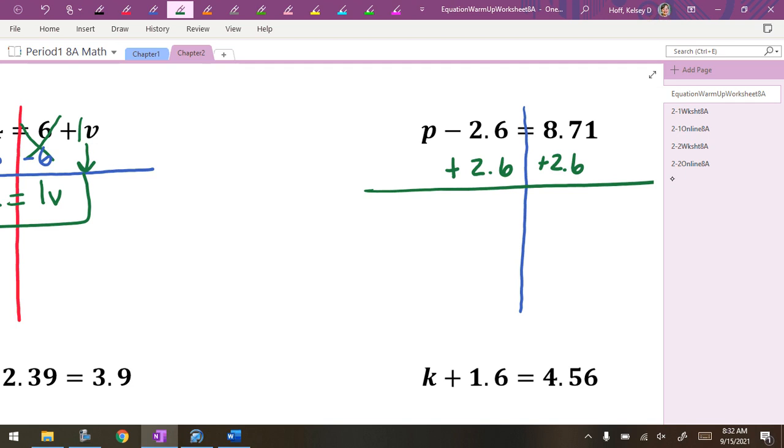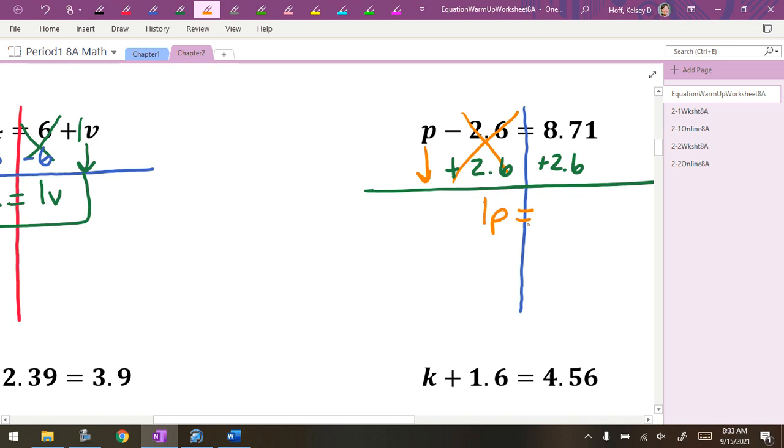Draw a big, huge equal bar all the way across. Come on. You have to be doing everything we are. Negative 2.6 and positive 2.6 completely cancel. Drag down your p. Guess what Miss Hoff's going to put in front of it? A 1p. Put your equal sign on your bar.